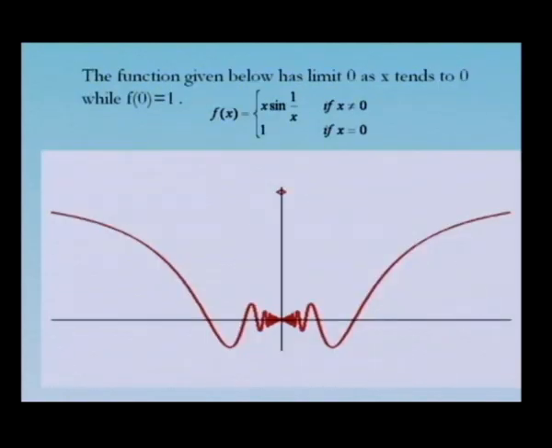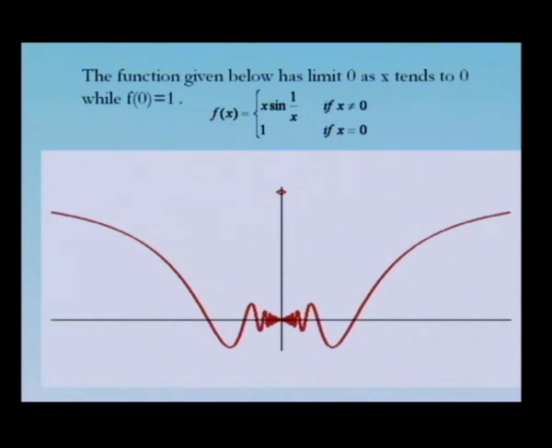Now let us take the function f(x) equals x sin(1 upon x) if x is not equal to 0, and it is 1 when x equals 0. So clearly f(0) is 1. Now let us have a look at the graph.